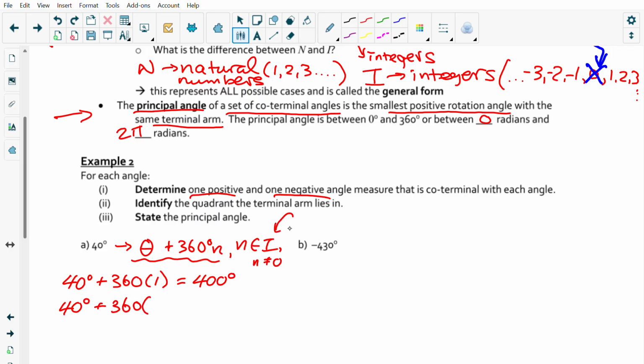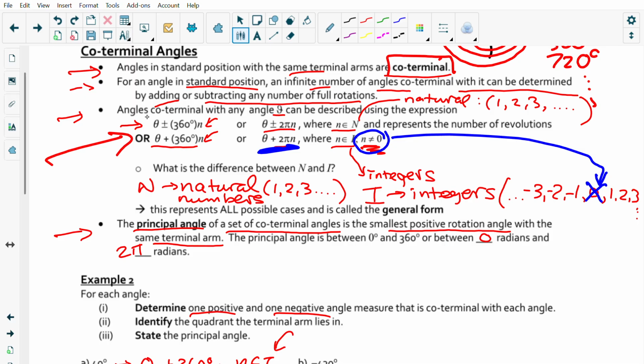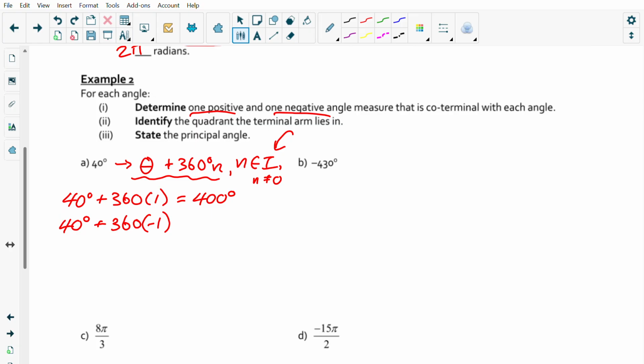This is why I like to use the integer format, not the natural number. I put a negative 1. I do this because I don't want to worry about this plus minus thing. So I just think about integer values, right? So negative 3, negative 2, negative 1, 1, 2, 3, on and on, okay? So 40 degrees plus negative 360, that's negative 320 degrees.